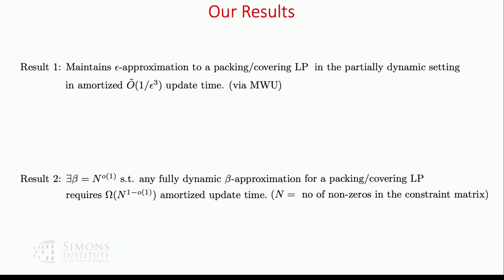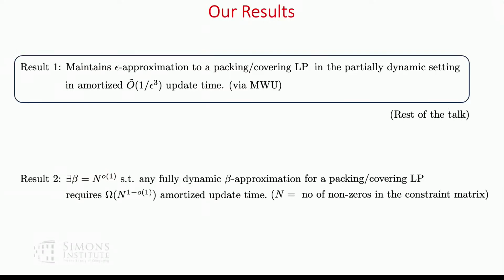And we complement this with a strong conditional lower bound based on SETH, which basically says that even getting polylog approximation is not possible in better than linear update time in the fully dynamic setting. So in the fully dynamic setting, essentially what you can do is just recompute the solution from scratch after every update. And the lower bound is a relatively straightforward reduction. So in the talk, I will just primarily focus on the upper bound, the result.